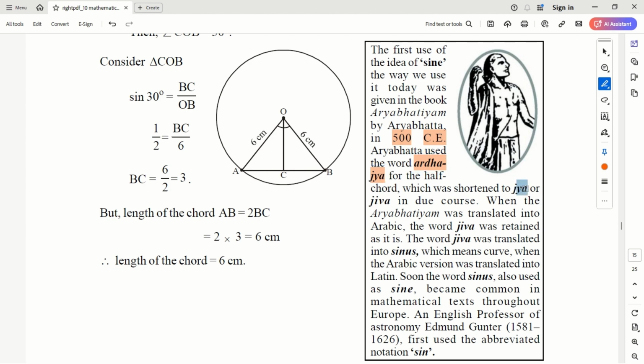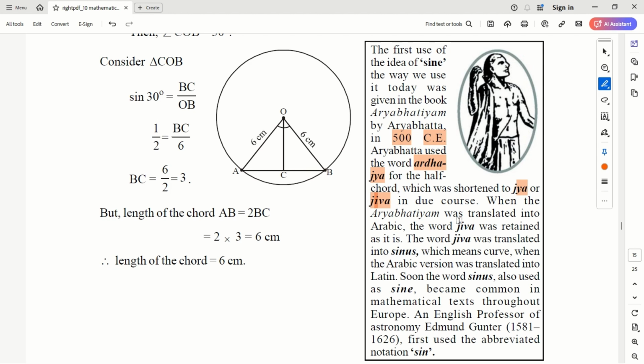It is Gnya, and over time it has become Jiva. When this Aryabhattiyam was translated into Arabic, the word Jiva was written as it is.